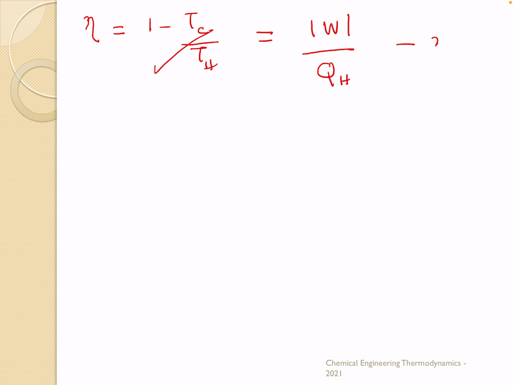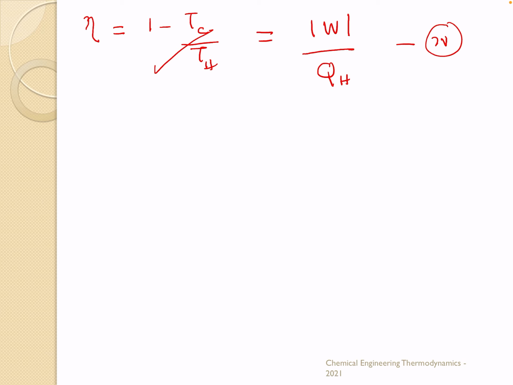In class we've shown that thermal efficiency equals 1 minus TC over TH, which we've just used. It also equals W over QH. So we can call this equation 4.